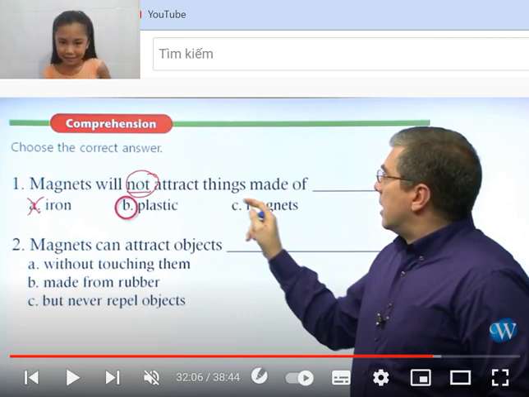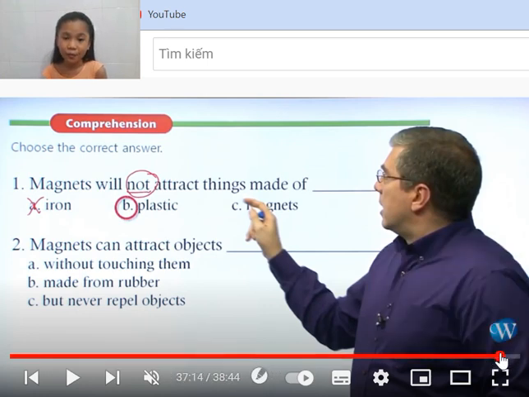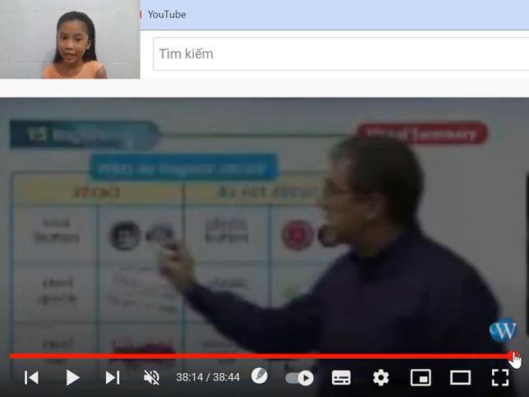So without touching them is correct. Remember that if we have a magnet and a piece of steel, and we put a piece of paper between them, they will still attract. That is a natural property. We can't say anything to change it.